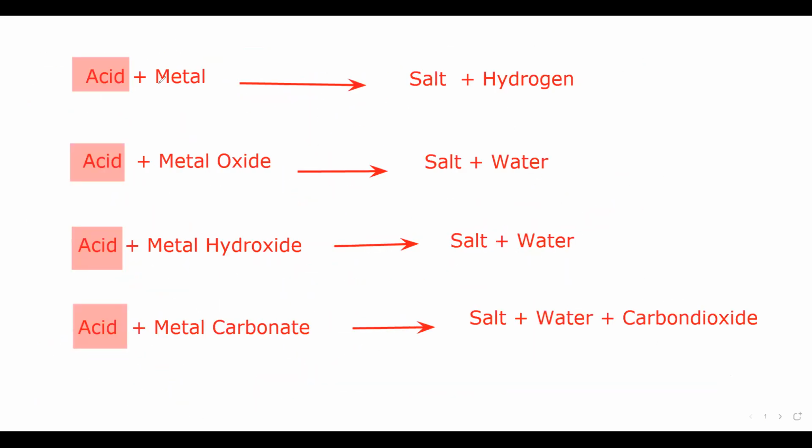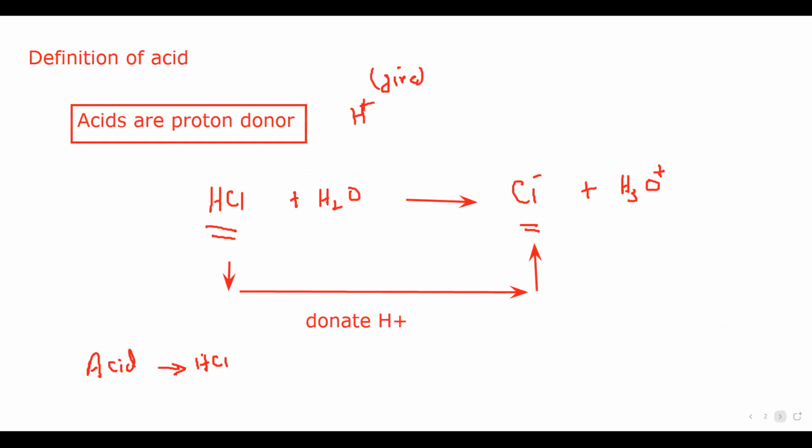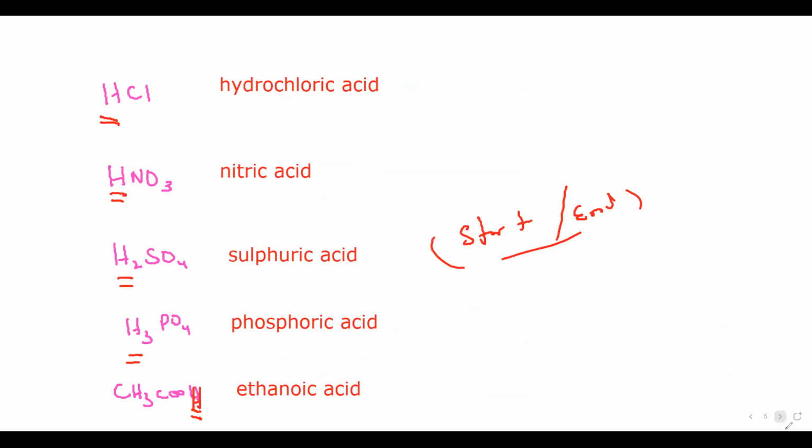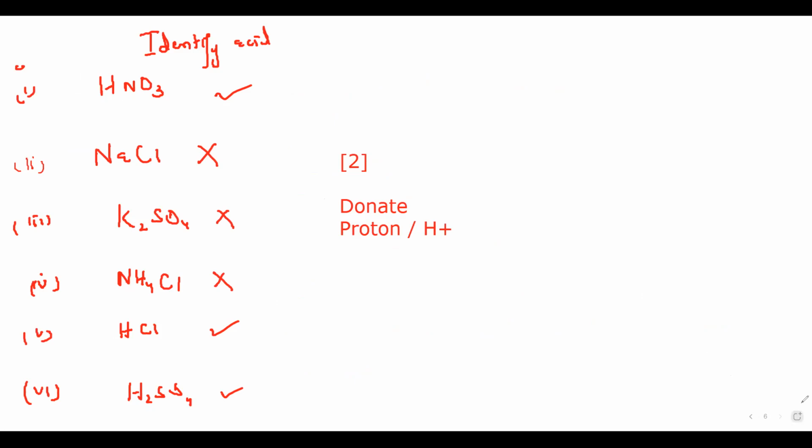So acid plus metal gives salt and hydrogen. Acid plus metal oxide gives salt and water. Acid plus metal hydroxide gives salt and water. And acid plus metal carbonate gives salt, water and carbon dioxide. Now we'll complete the products for each, starting with the first reaction, the reactions of acids.